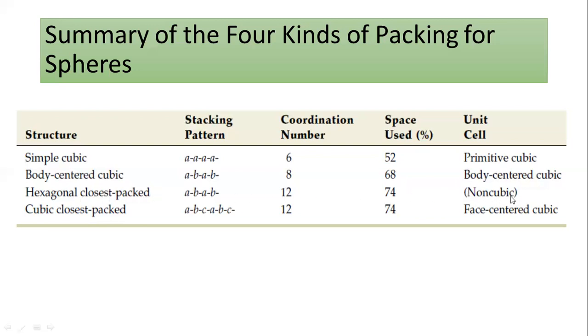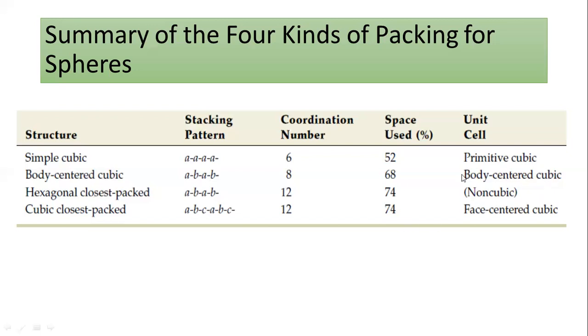In this, it would be a non-cubic unit cell, because this would not be a cubic pattern. But in the case of cubic closest packing, where there are repeating layers of ABC, the coordination number is 12, the space occupied in this type of packing is 74%, and the unit cell is the face centered cubic unit cell.